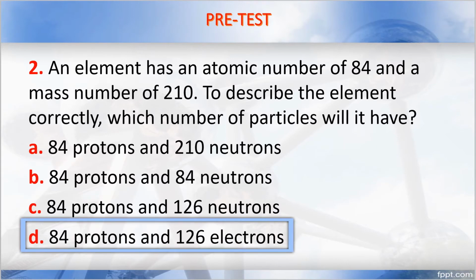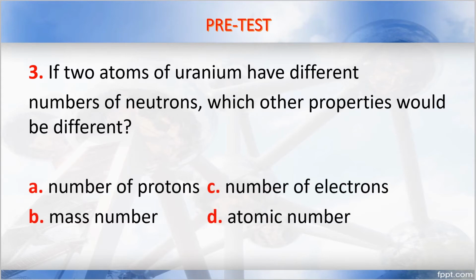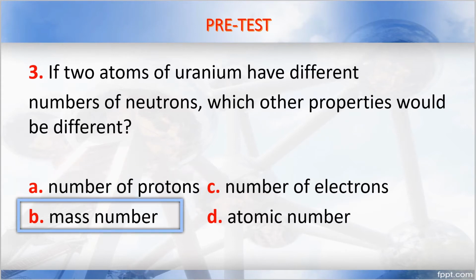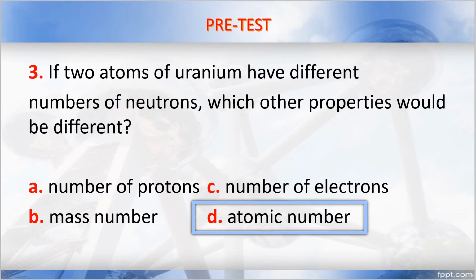D. 84 protons and 126 electrons. Number 3. If two atoms of uranium have different numbers of neutrons, which other properties would be different? A. Number of protons, B. Mass number, C. Number of electrons, D. Atomic number.